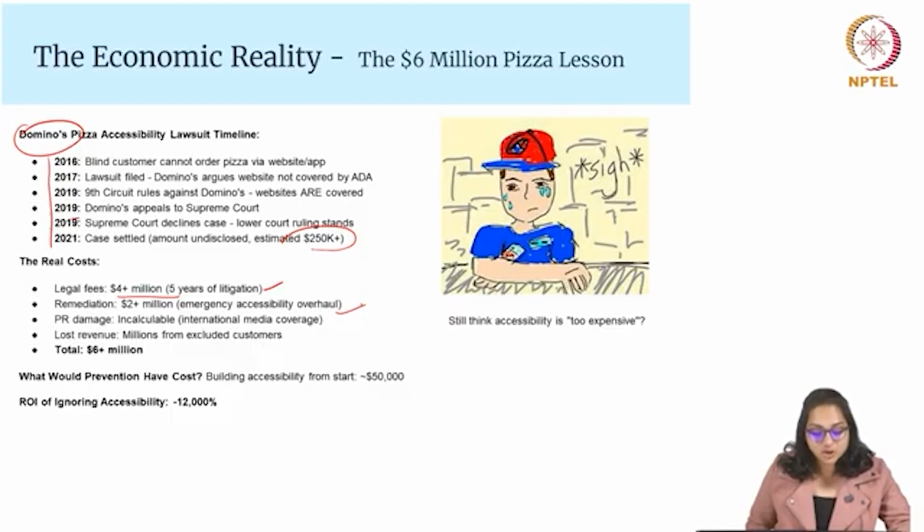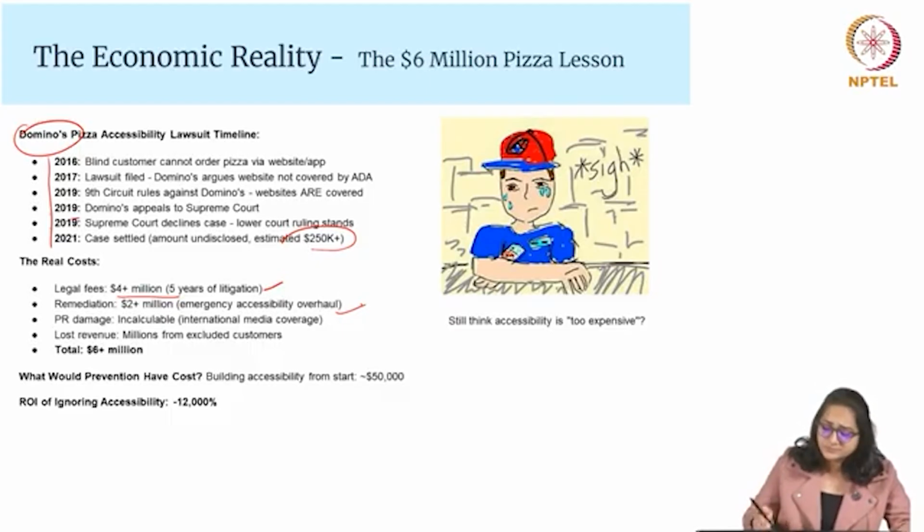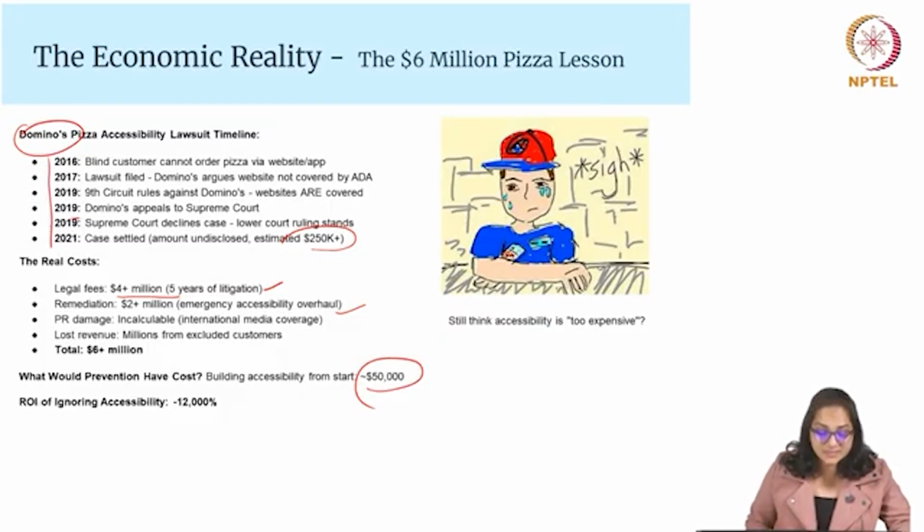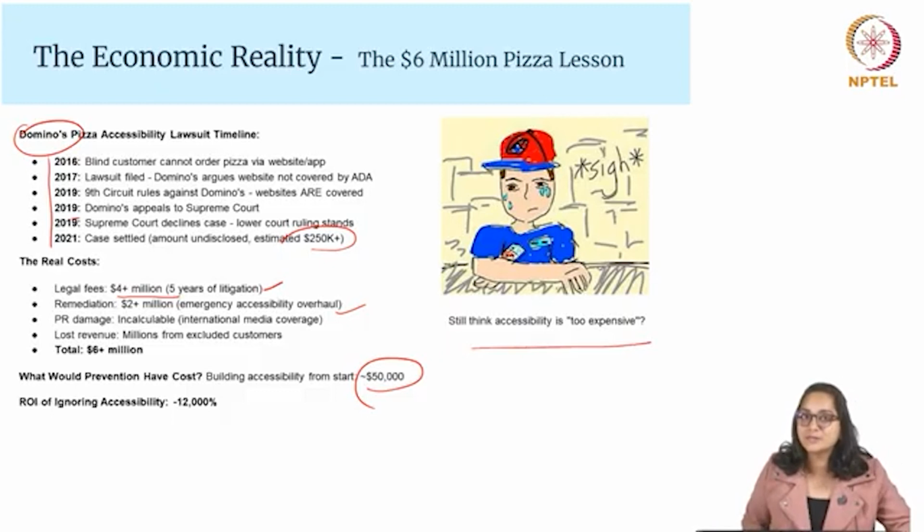What would prevention have cost? Building accessibility from the start may not be more than say 50K dollars, and the ROI of ignoring accessibility is negative 12,000%. So still think accessibility is too expensive? Probably not.